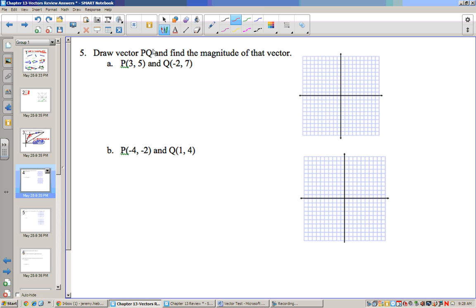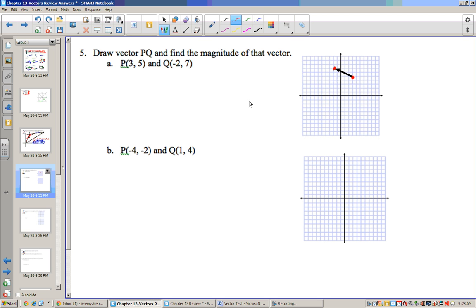We want to draw a vector PQ. So P is at negative 3, 1, and Q is at 2, 3. Now I'm going to draw this vector from P to Q. Now, I drew P to Q, and now I want to find the magnitude of that vector.